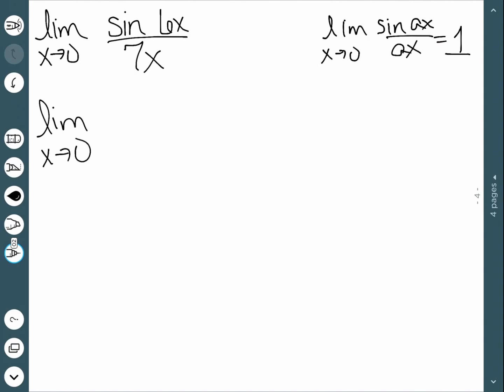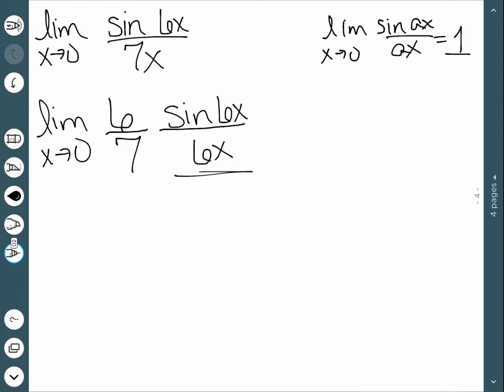I can't change an argument inside of a sine function, so that has to stay as 6x. So I'm going to need a 6x on the bottom. And in order to do that, I'm going to have some kind of balancing act. I wrote an extra 6 on the bottom that I didn't have before, so I need a 6 on the top to cancel it out. In addition, my original problem had a 7 on the bottom, so I need to make sure it still has a 7.